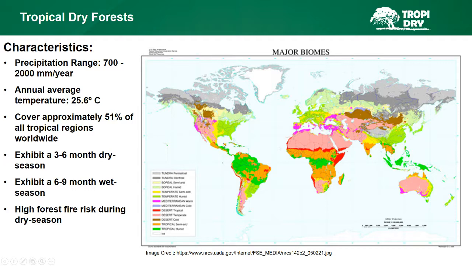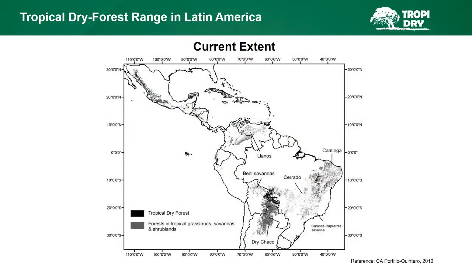So they're a pretty large ecosystem, and despite this fact, they are a severely understudied tropical ecosystem because, as we can see here in this current extent of tropical dry forest range in Latin America, a lot of that tropical dry forest has disappeared.